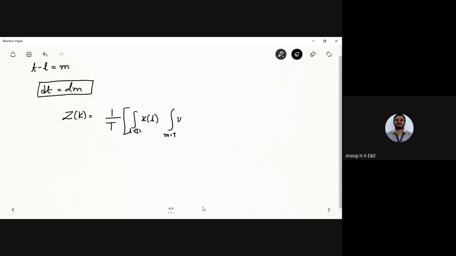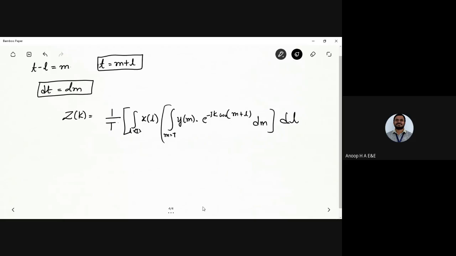You're going to have y of m e power minus j k omega naught. This is m plus L, so t would be equal to m plus L. All right, so this is what you are going to get there, and dm. So this integral you're going to have dm, and this one is dL.